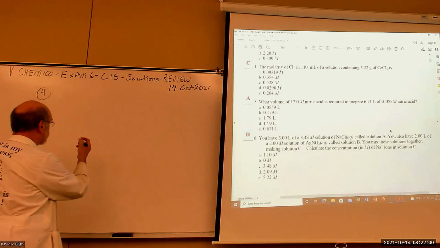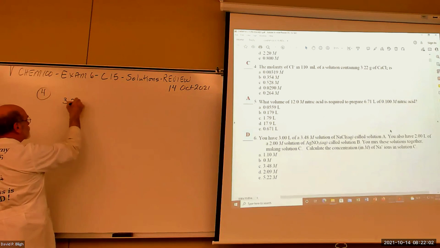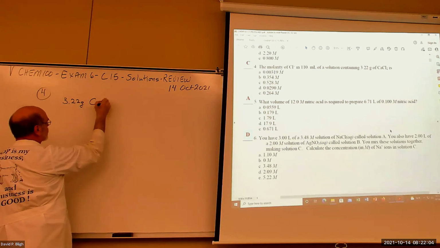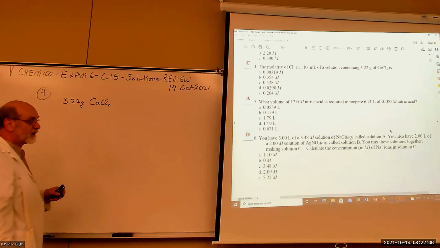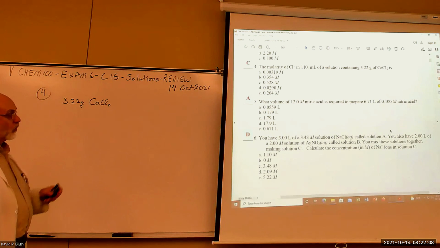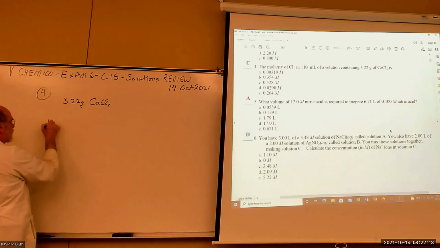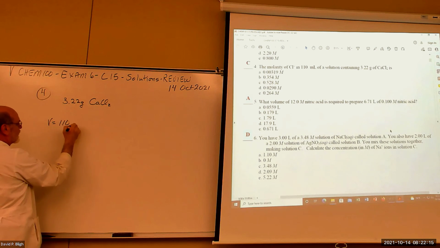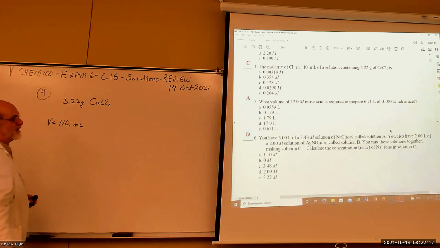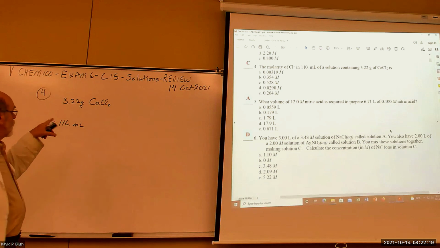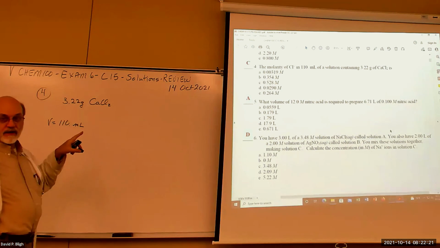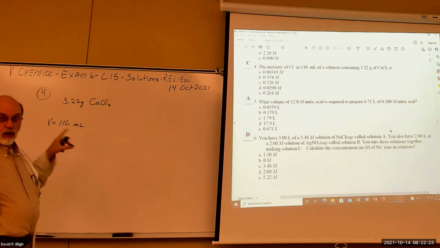And so we're given 3.22 grams of calcium chloride. And we're also given 110 milliliters of volume. Let's see, let's put volume here. 110 milliliters. Okay, so how do we find the concentration? We need moles.